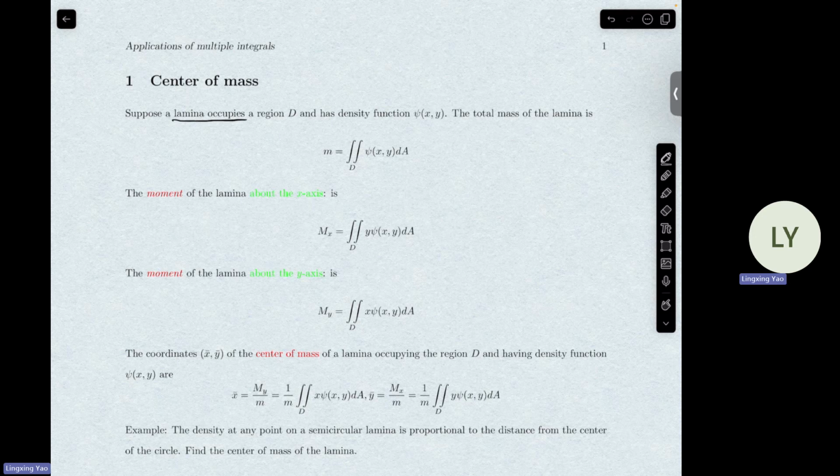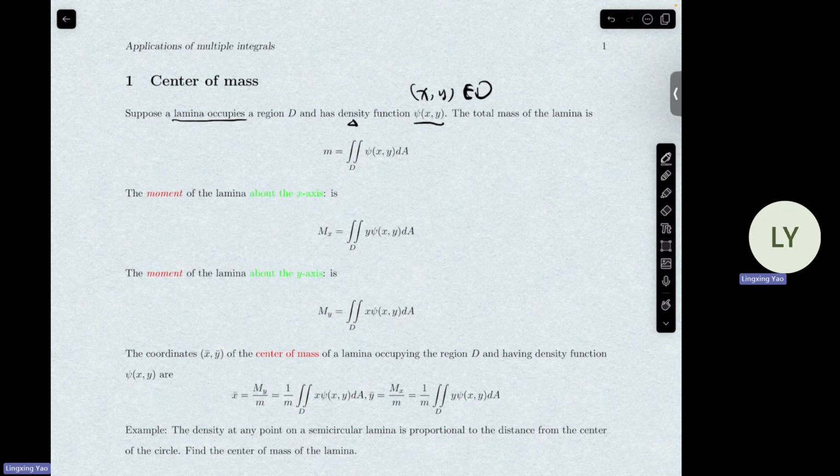The lamina has a density function, which is defined at any point (x, y) in the domain D, and this symbol means it belongs to.